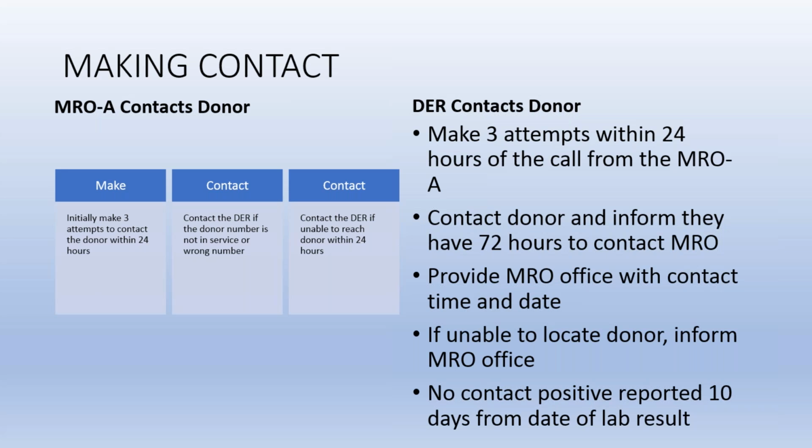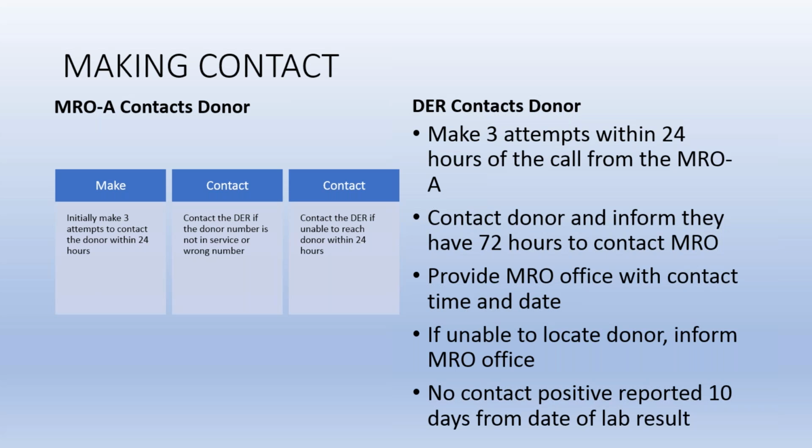So this is kind of the flow chart. If you've ever wondered where that time starts, how many times this takes place, you have, again, the MROA, 3 initial contacts within 24 hours, then contacts the DER if the number is not in service or a wrong number, and then, of course, you've got that 24-hour period. Then the DER is going to try 3 times within 24 hours, then contacts the donor.